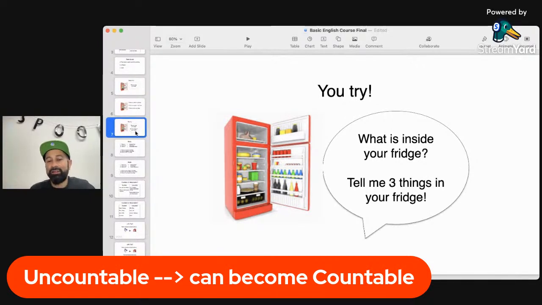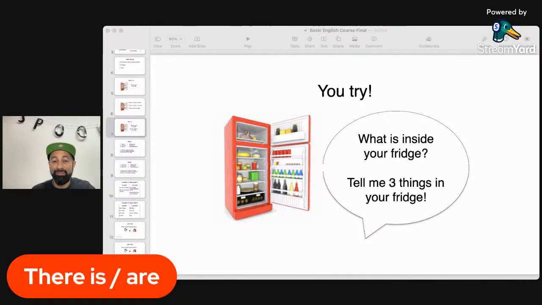I'd like you to tell me 3 things that are in your fridge. I want you to make sure that you are making a there is or there are sentence. There is, there are, something in my fridge.